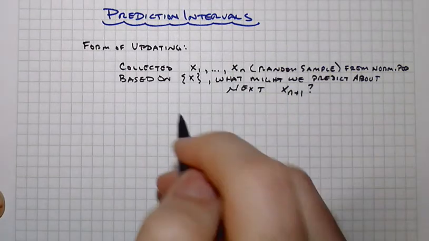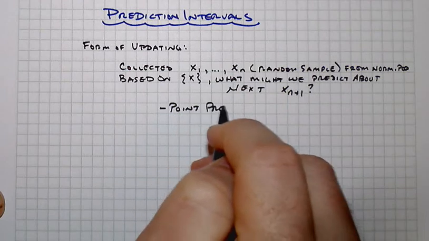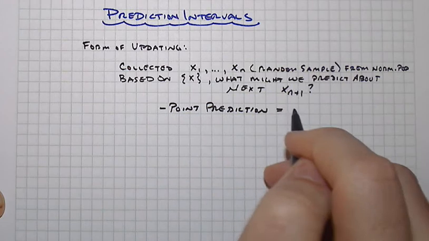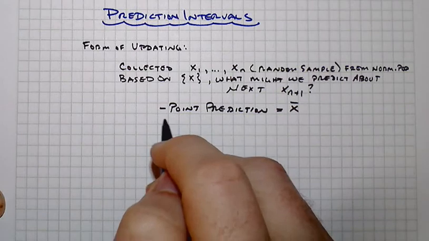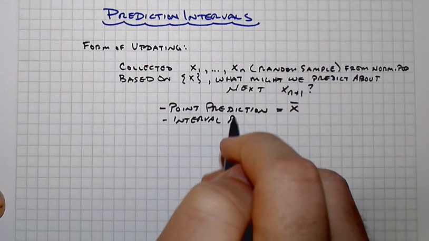Our point prediction would just be equal to our sample mean. But what if we were interested in an interval prediction?